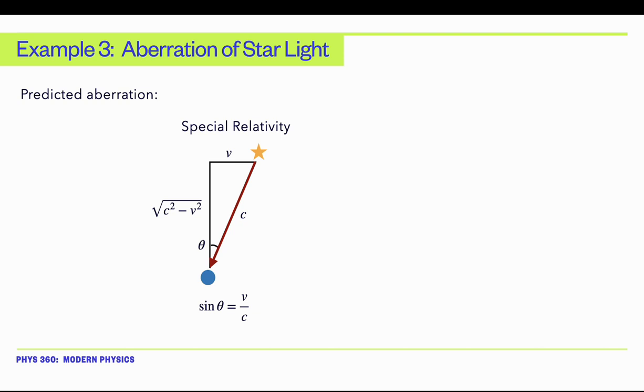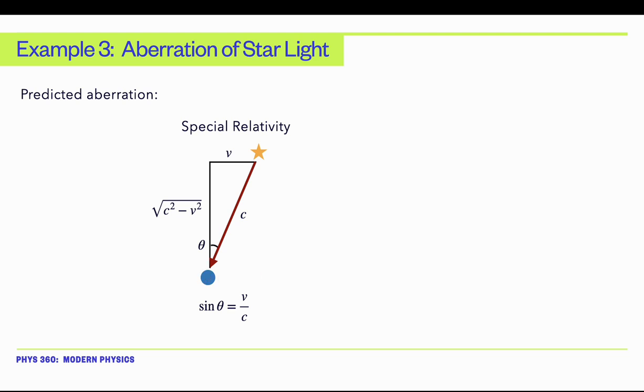So one question is, is this different than what classical physics would predict? And the answer is, well, slightly. This is the result that we just found, that when we're on the Earth, even though the star is physically perpendicular to our direction of motion, it appears to be slightly forward as we're moving through space.